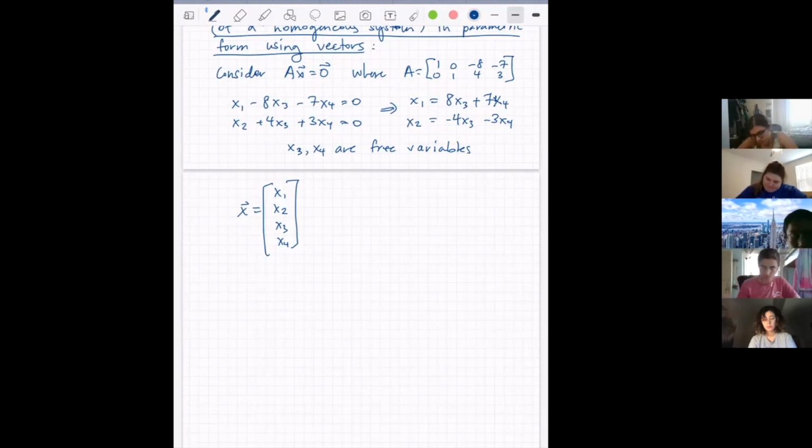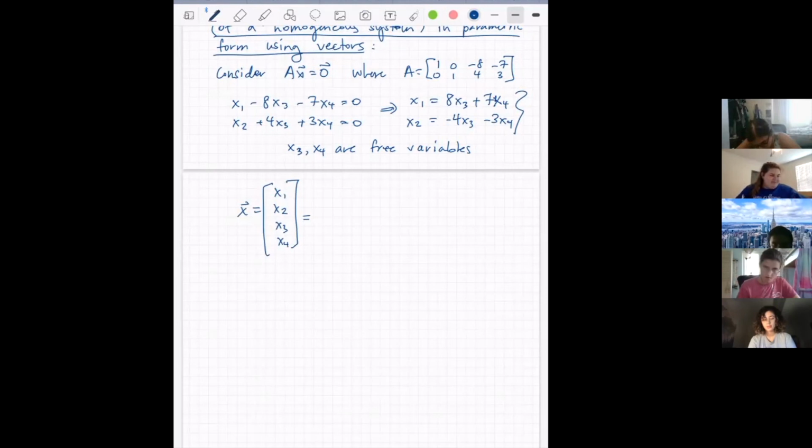Okay, so we're thinking about an arbitrary solution of this system, and it would be something of this form. We have x1, x2, x3, x4. We know those are the variables, and we also have these expressions that describe x1 in terms of x3 and x4, and x2 in terms of x3 and x4.